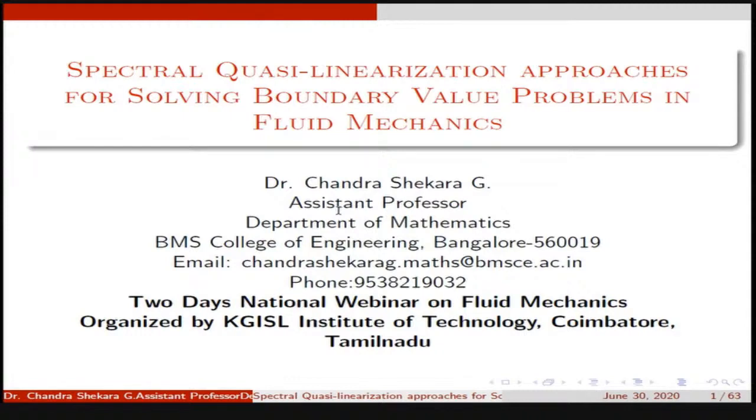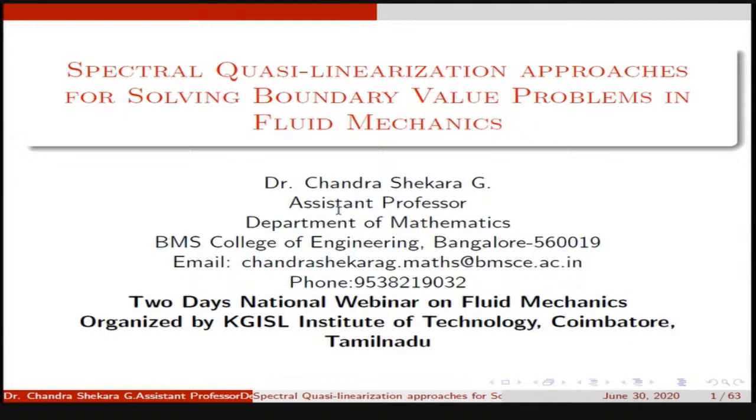I hope all the participants got some insights from yesterday's wonderful session given by Professor Abdul Hakim. He gave complete insight into the applications of fluid mechanics, in particular the application of nanofluids in industrial and medical applications, and also gave complete details on how to model boundary layer flows with respect to nanofluids.